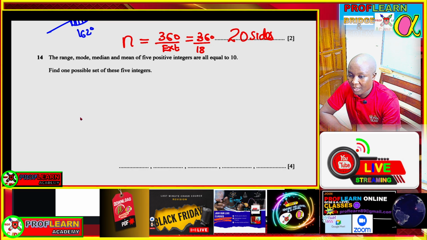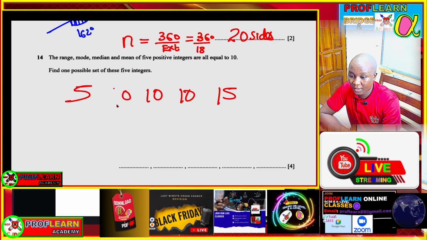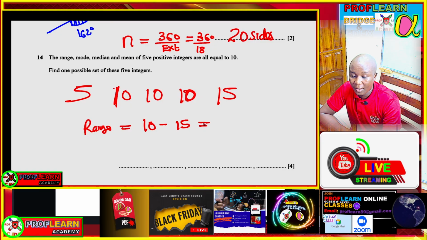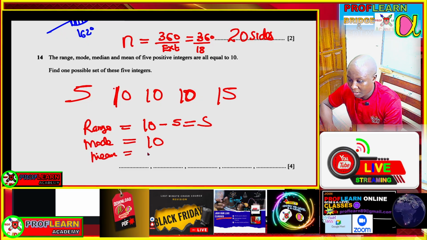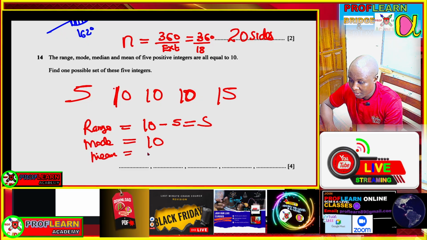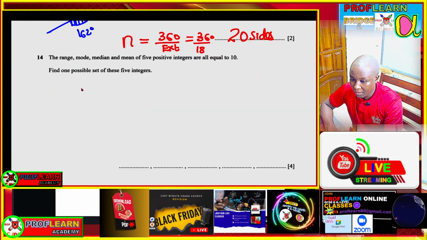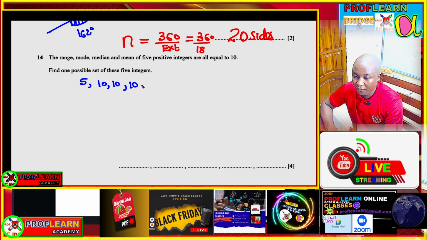And for this case, when I thought about it, I'll have numbers like 5, 10, 10, 10, and then 15. I think I need to correct this. The numbers are 5, 10, 10, 10, and then 15.